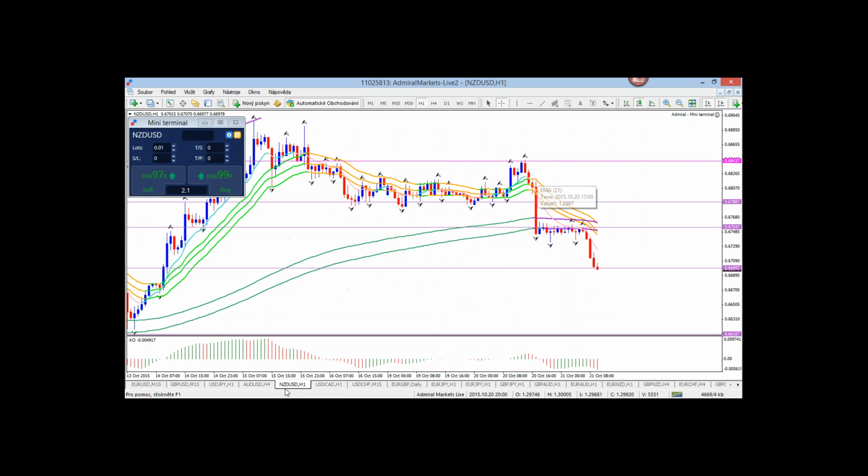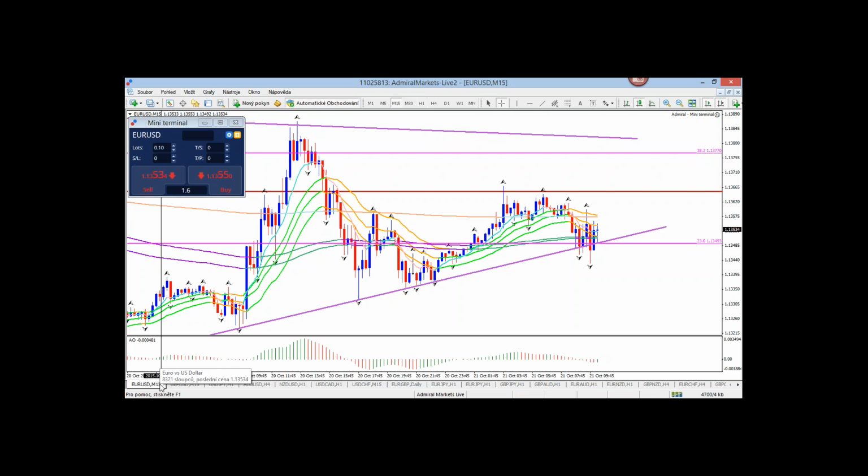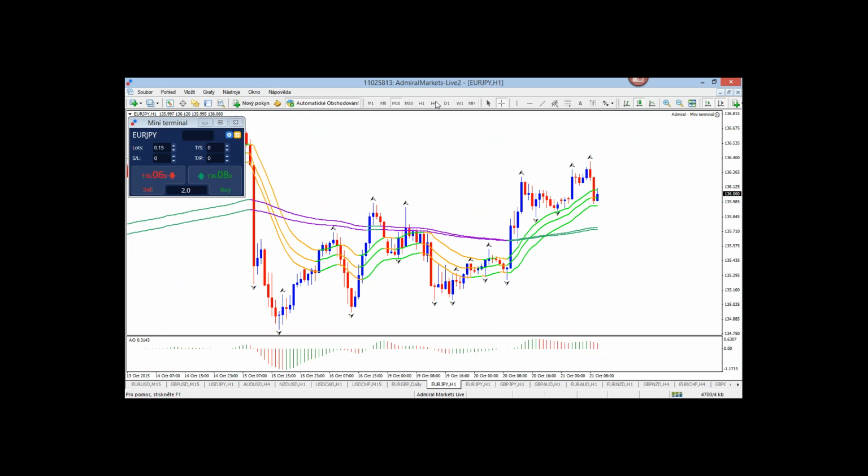Still, therefore, Kiwi looking like the best one at the moment, Kiwi dollar. So, anyhow, anything else? Let's take a look at your pound, still a bunch of mess. Euro yen.